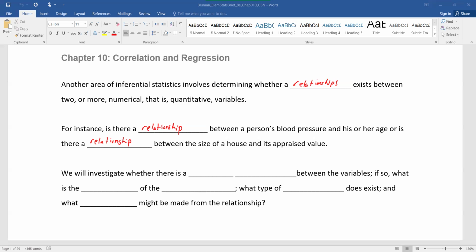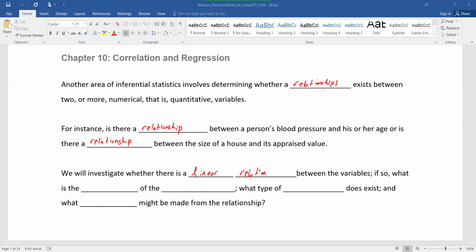But we do have a formula that we could use to figure out if there's a relationship in a correlation style. All right. We will investigate whether there is a linear relationship.